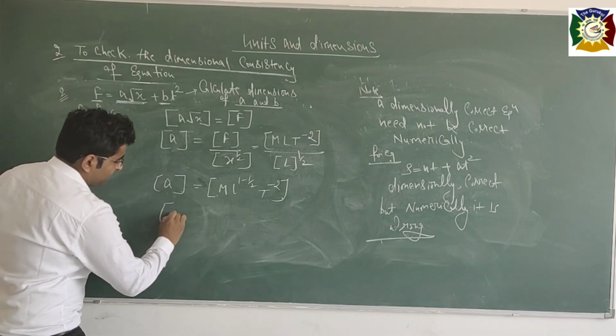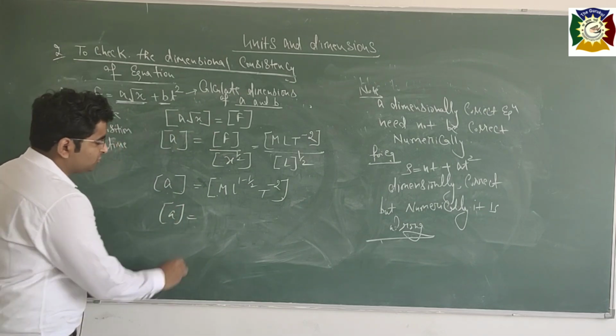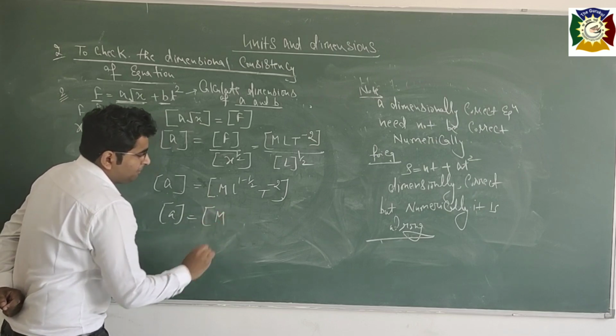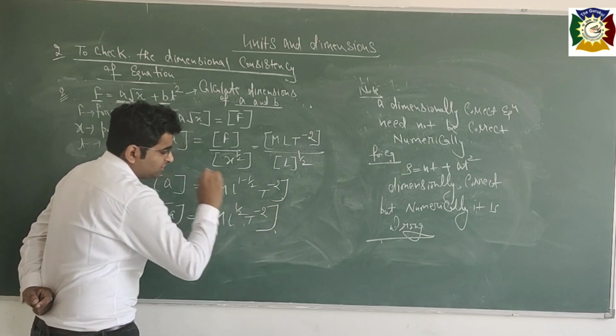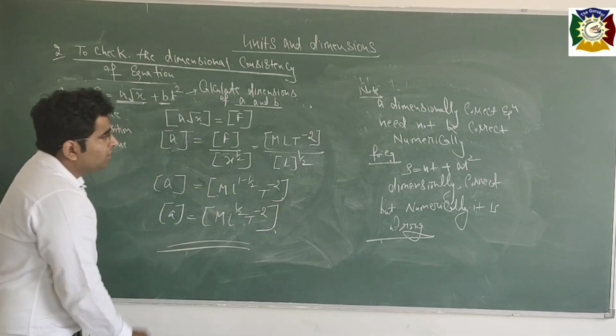So dimension of a is equal to M L power 1/2 T power minus 2. Clear?